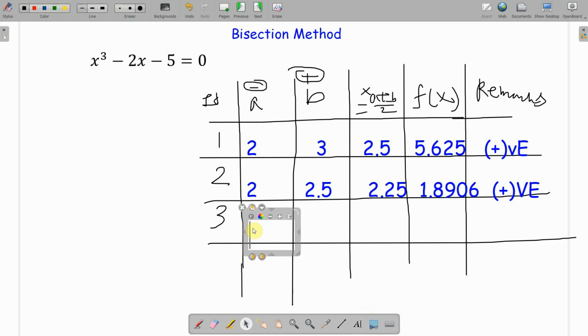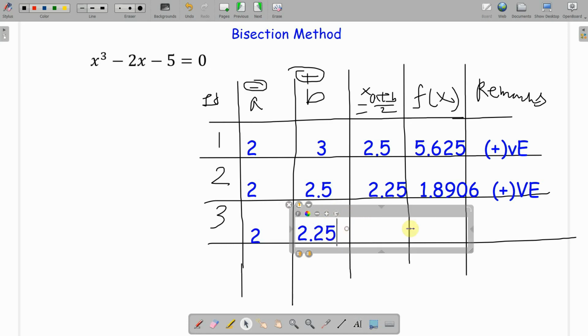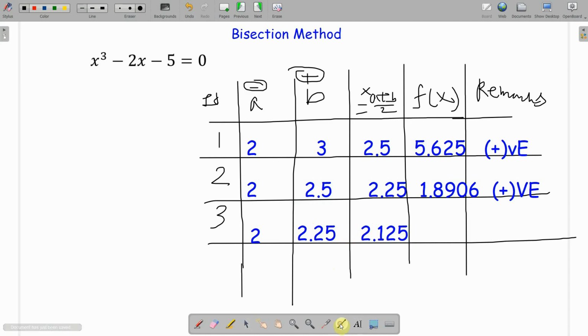So again it's coming positive, so what will happen? What will be the value of A in the second iteration? 2, sir. Third iteration, 2. What will be the value of B? It will be 2.25, and this will give you 2.125. Are you drawing the diagram also?